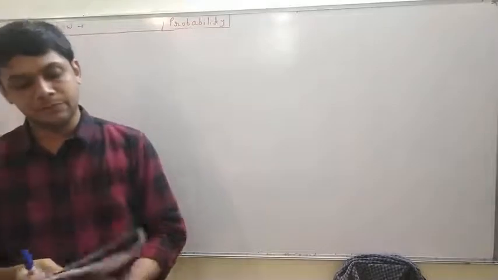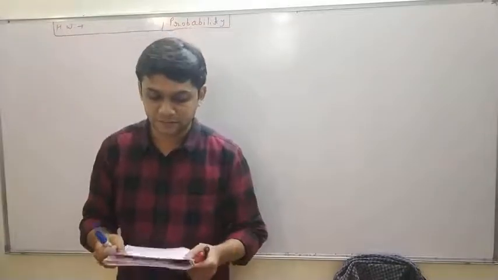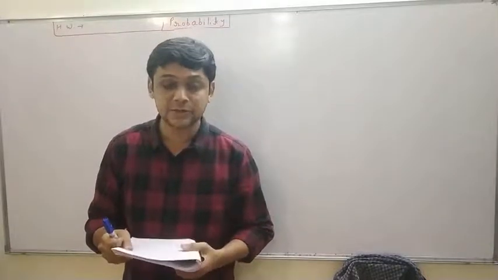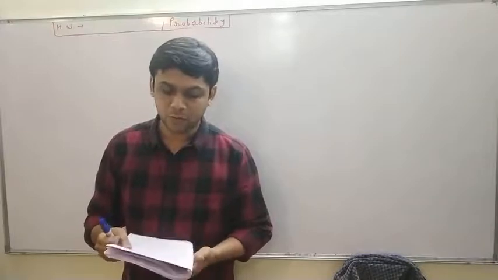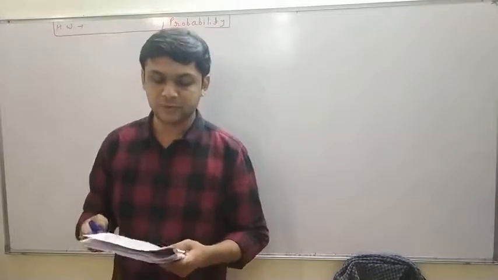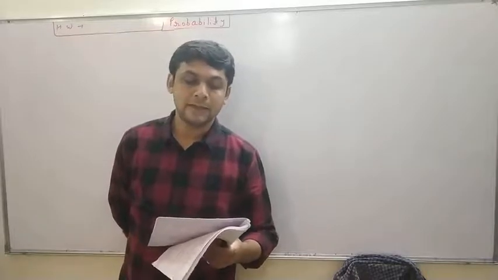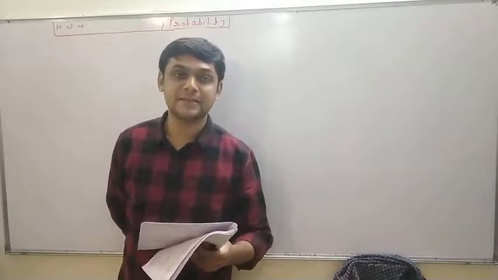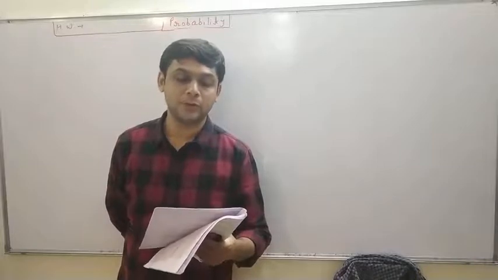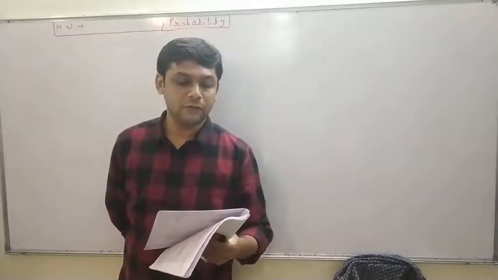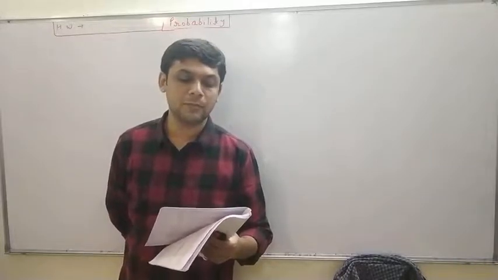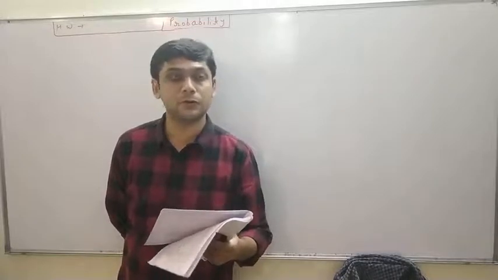The probability that a bulb produced by a factory will fuse within 150 days of use is 0.05. Find the probability that out of 5 bulbs, none will be fused in 150 days, not more than one, and at least one. Okay. So here p is 0.05, so q will be 0.95. We have to find the probability out of 5 bulbs, means n is equal to 5.